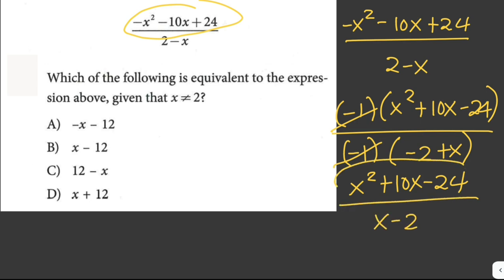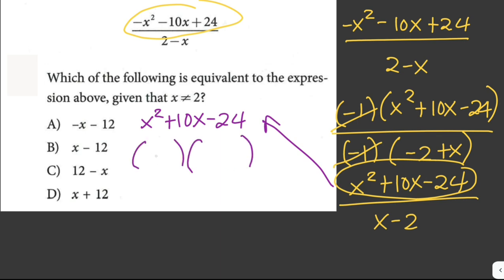Let's try factoring this numerator: x squared plus 10x minus 24. What are the factors of 24 that, when you multiply them, equal negative 24, and when you add them, equal positive 10?